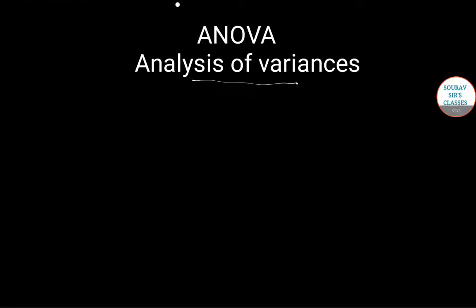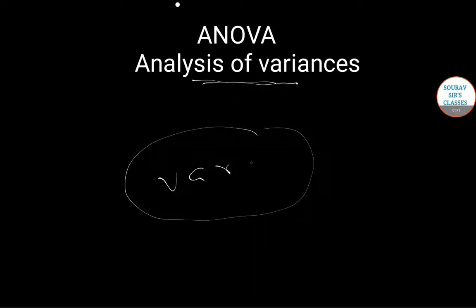Now, the question may arise, why this procedure is called Anova, or analysis of variances. The reason is that this process involves a systematic way of partitioning the total variability into the different components associated with the nature of classification of data.